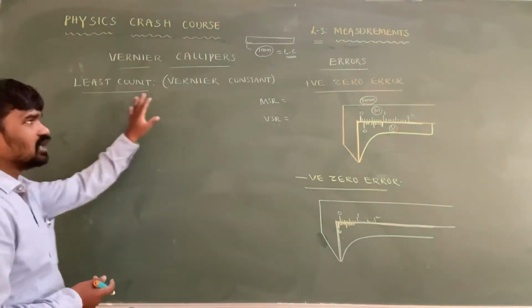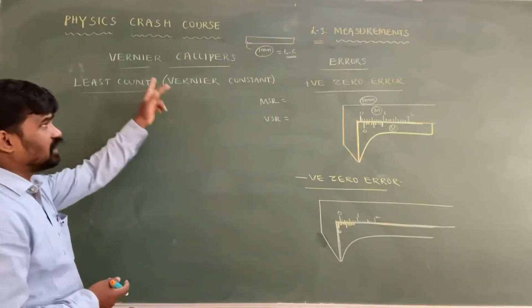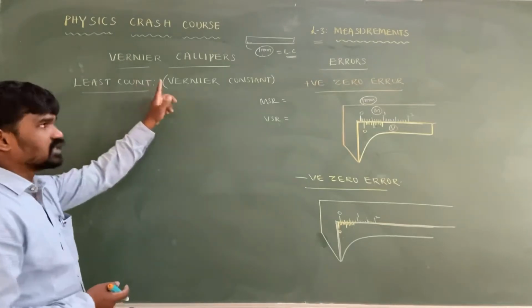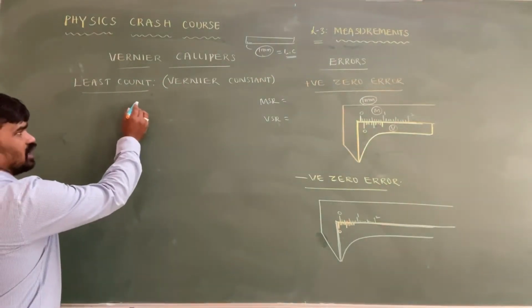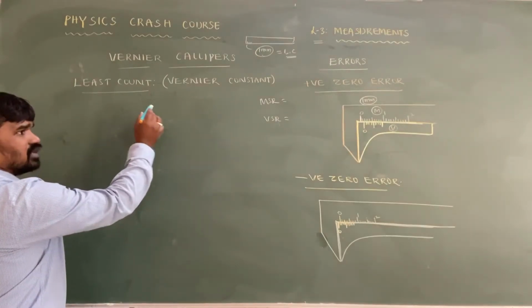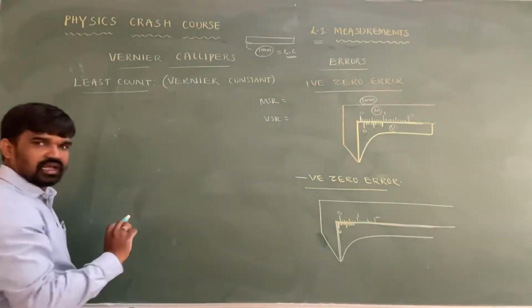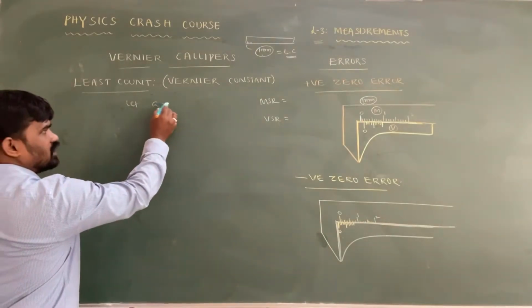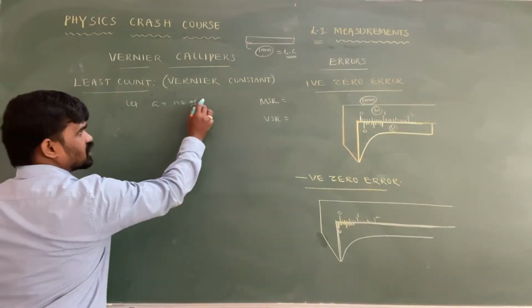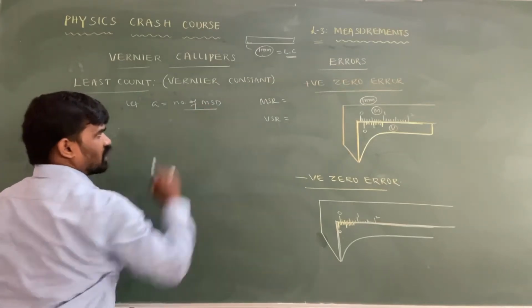Vernier calipers have two scales: one is the vernier scale, and one is the main scale. The main scale has a number of divisions, and the vernier scale also has a number of divisions. Let A be the total number of main scale divisions.